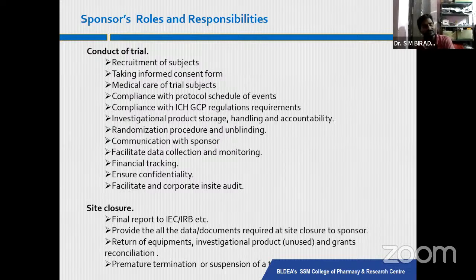Then we sometimes need to close the clinical trial. Also, if the investigational product is showing severe side effects that we were not expecting previously, rather than benefit, we need to stop the clinical trials.